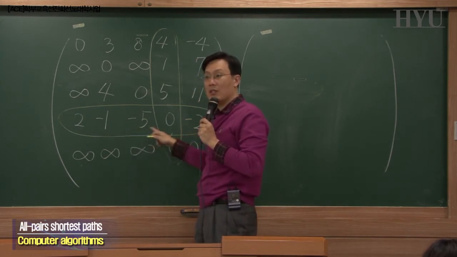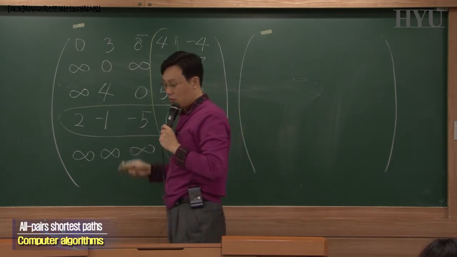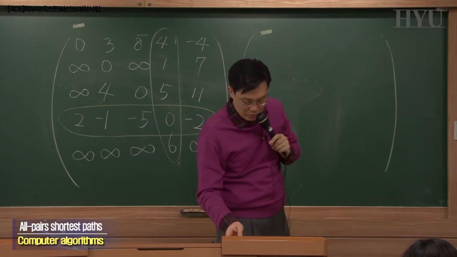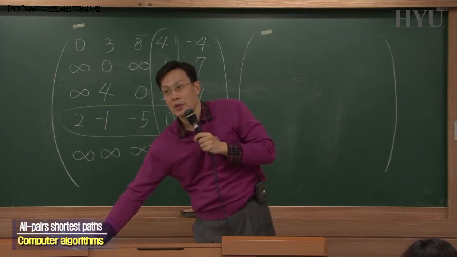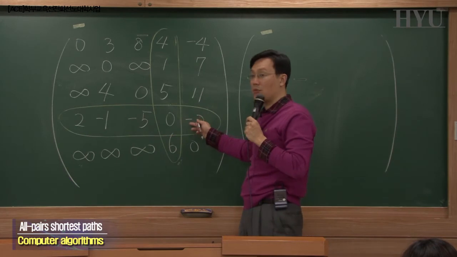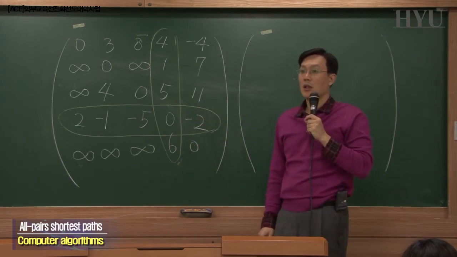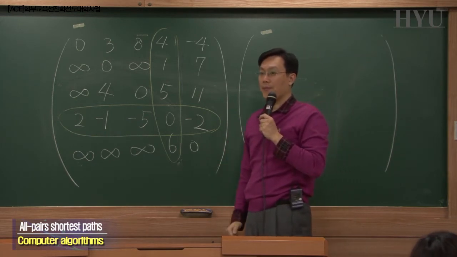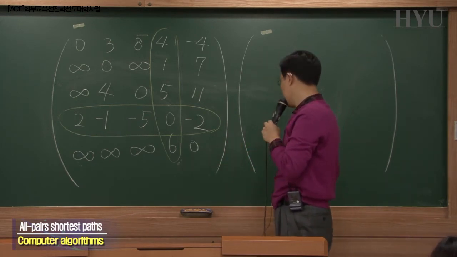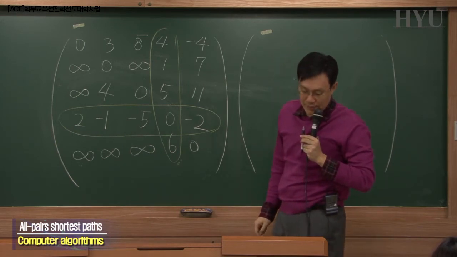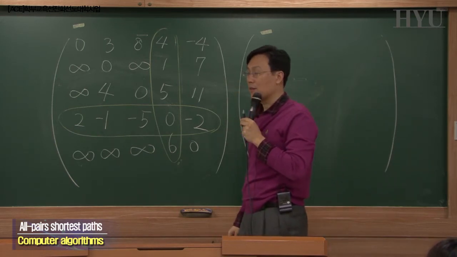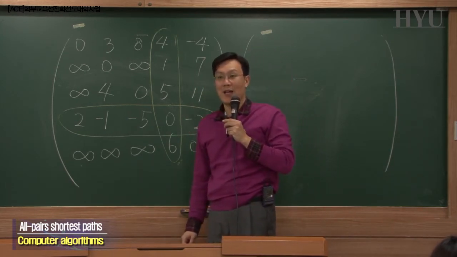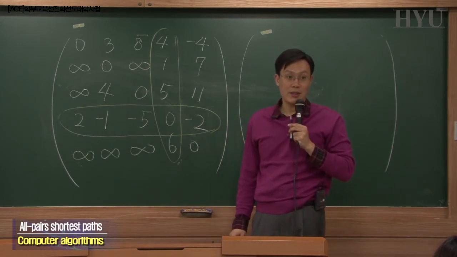What is the meaning of this row? Yes, all shortest path distances from vertex 4.